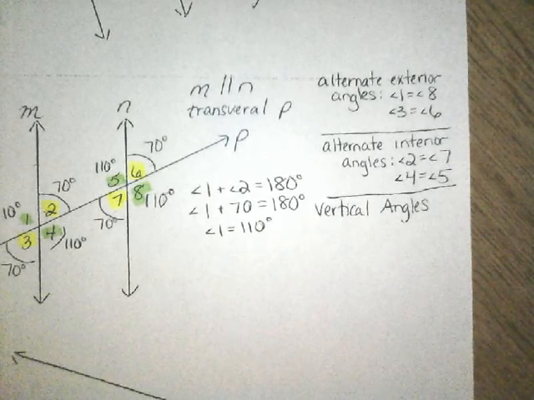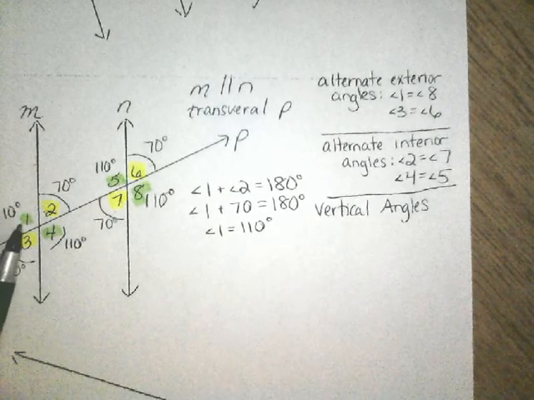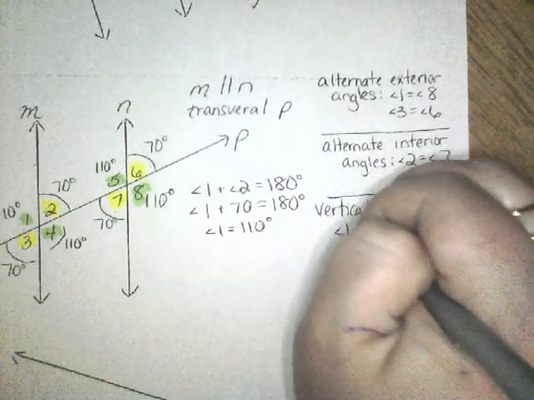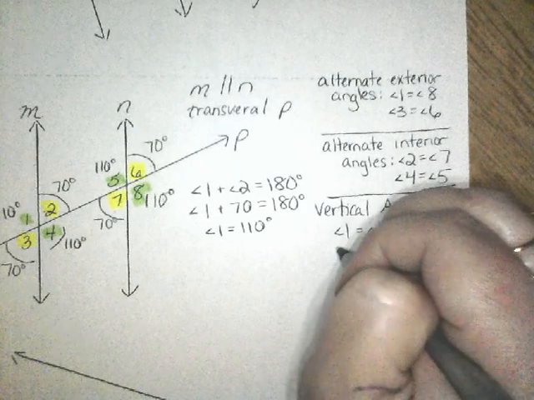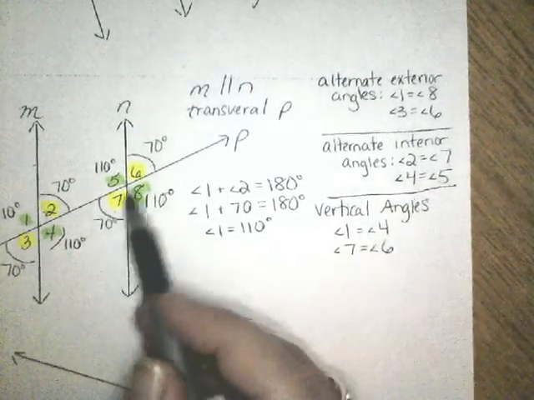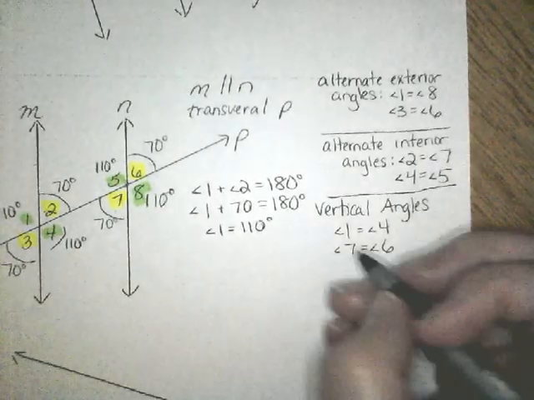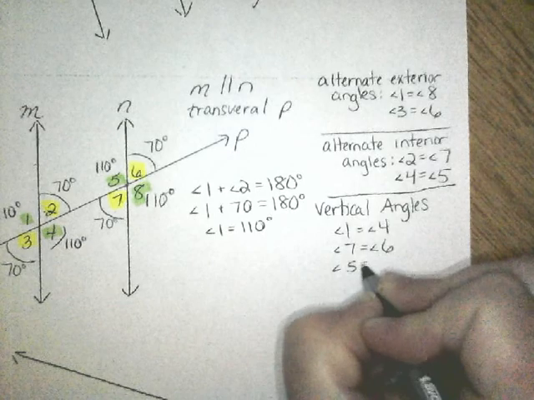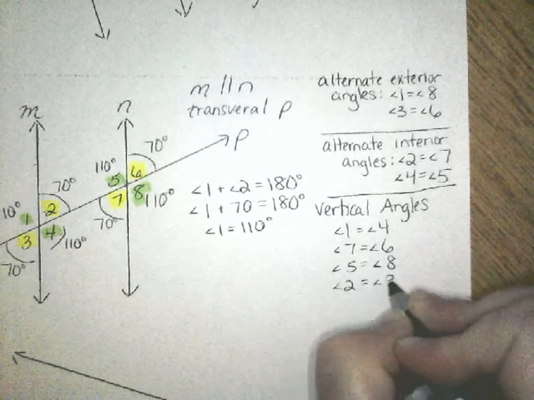So I'm going to write this statement. The measure of angle 1 is equal to the measure of angle 7. The measure of angle 2, using my other highlighter, is equal to the measure of angle 8. This M, so that you remember what that means, stands for the measure.